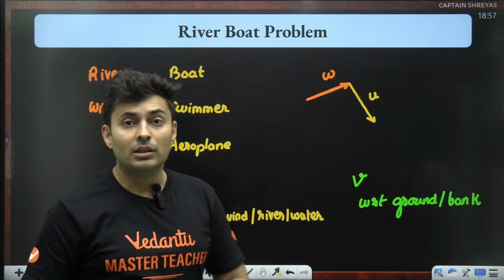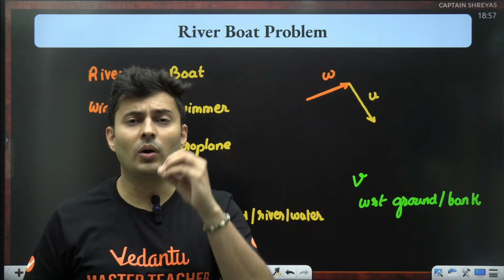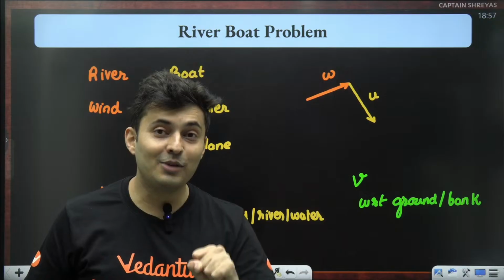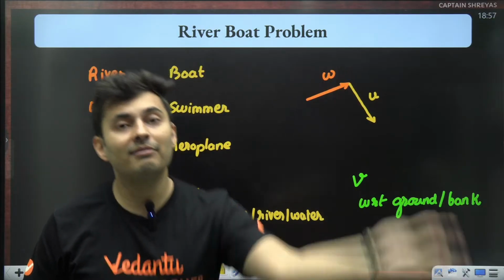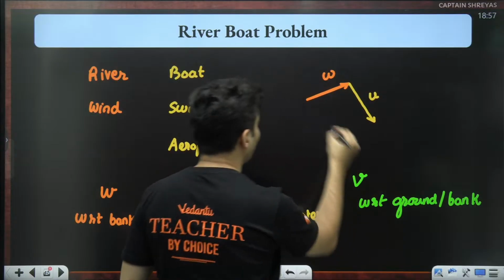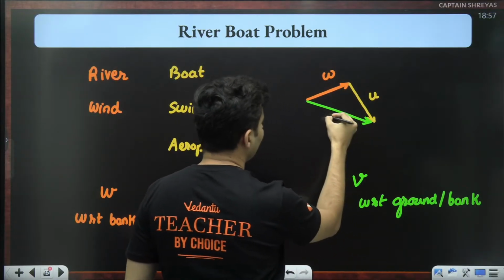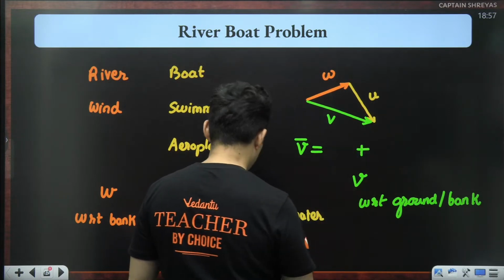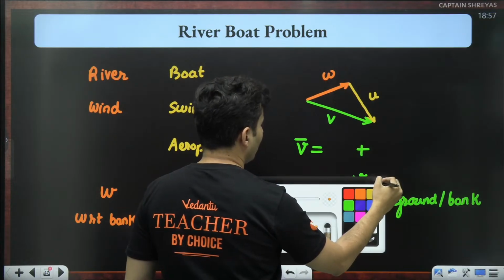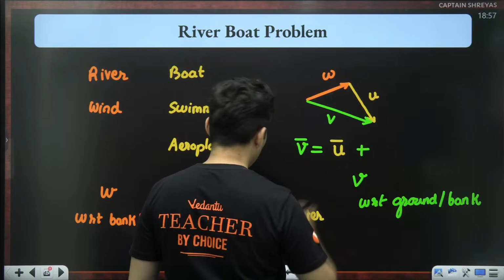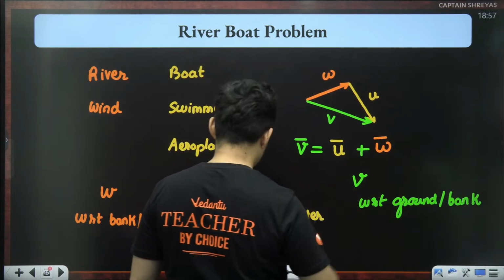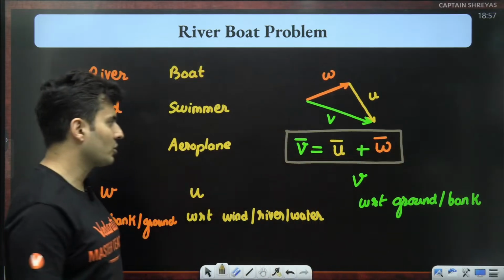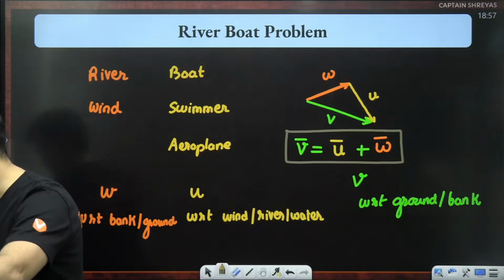Then the total velocity of the swimmer or the boat or the aeroplane will incorporate both things, the wind velocity and what the swimmer or the boat or the aeroplane is doing with respect to the wind. So the resultant velocity will be basically v. So you will always see that v bar is nothing but your u bar plus your w bar. This is a very, very important relationship. Always this holds true. Keep this in mind.